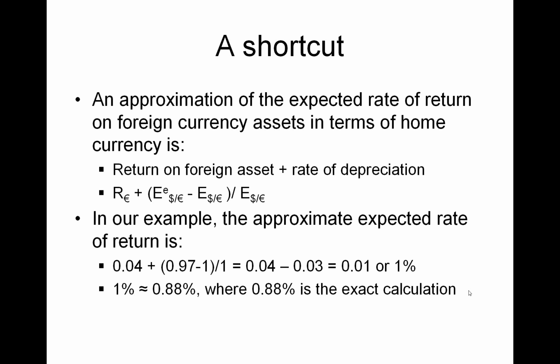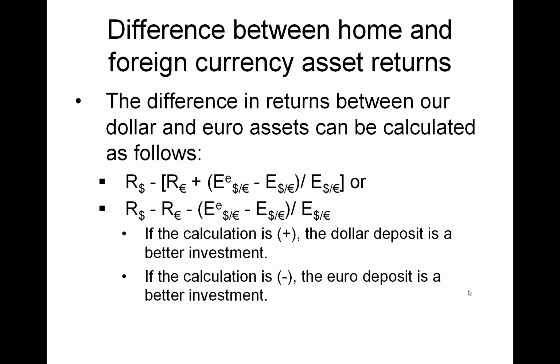Note that 1% is approximately 0.88%, where 0.88% was the exact calculation that we did earlier. So again, you're welcome to use this shortcut to find the rate of return of foreign currency assets in dollar terms or in home currency terms, unless I ask you to do an exact calculation.